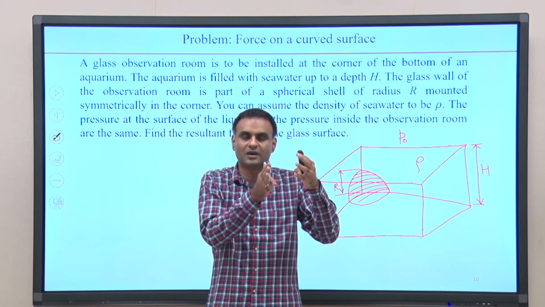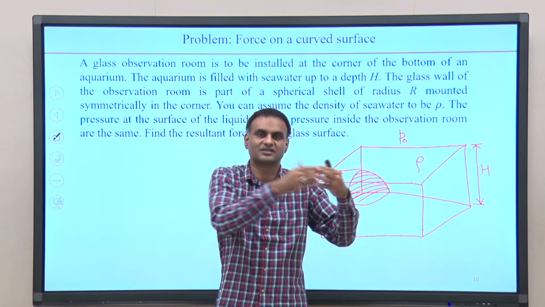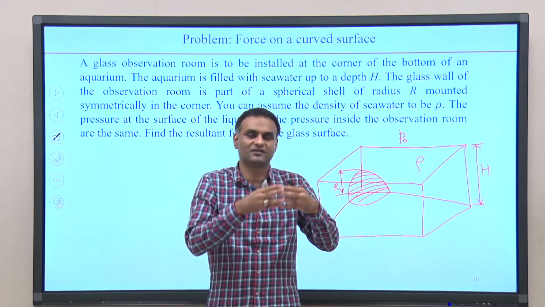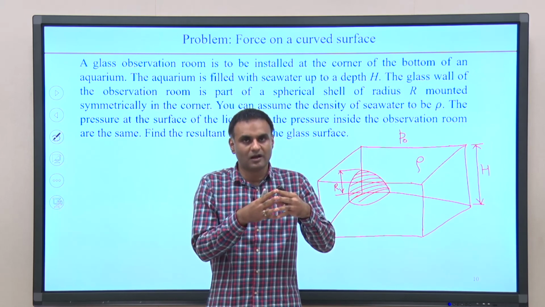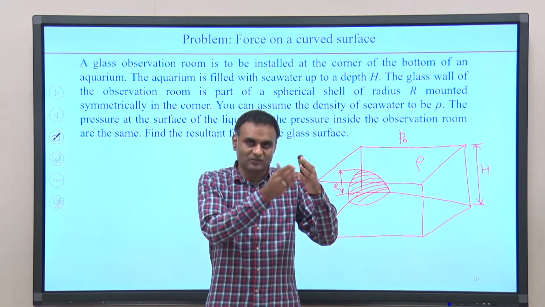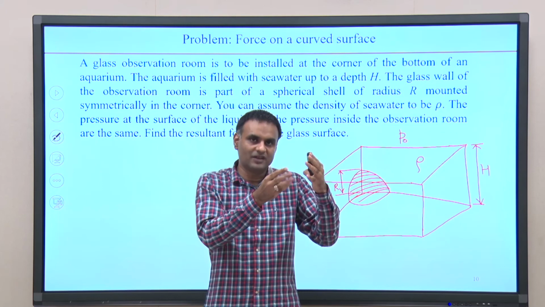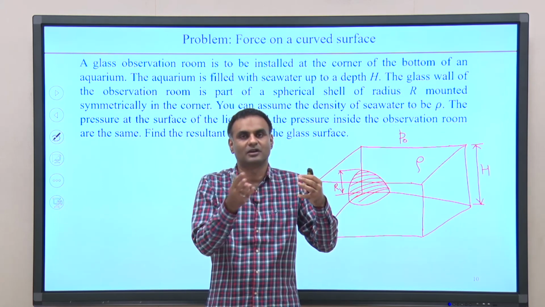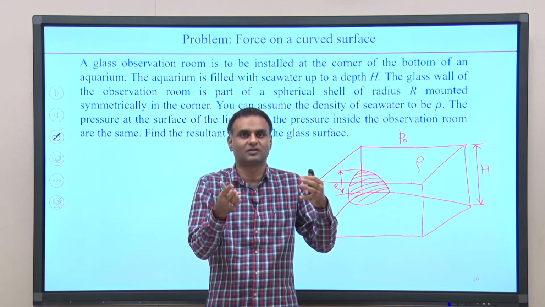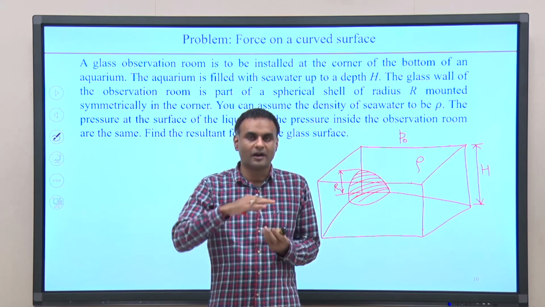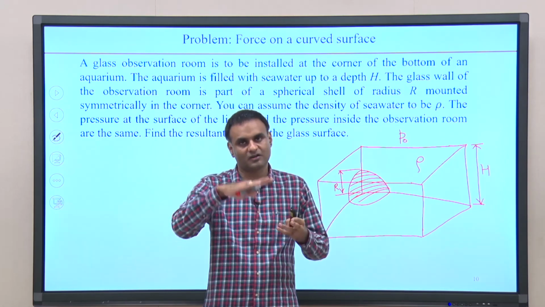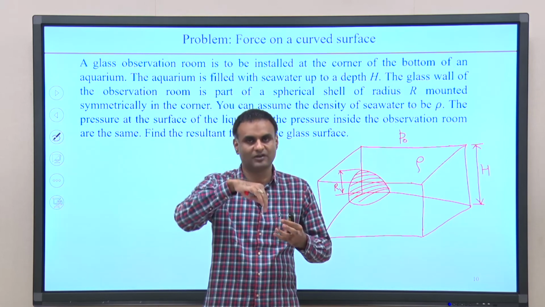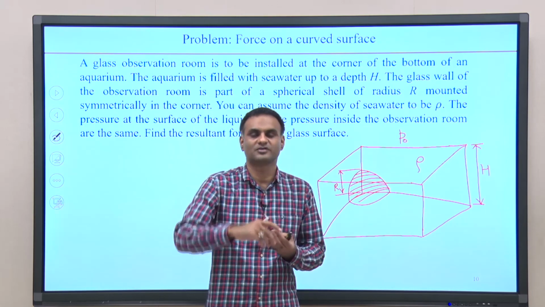So, the area projected on the x surface and the area projected on the y surface will be equal. If we are able to obtain the force in the x direction, the magnitude of force in the y direction will be the same. The third projected area will be the bottom surface, vertically downward.